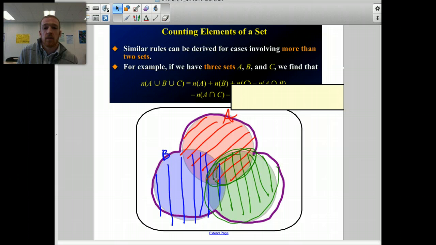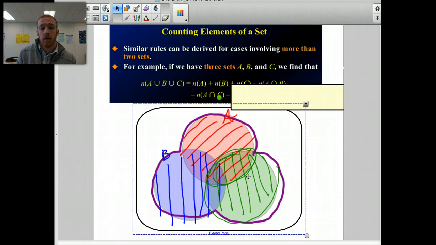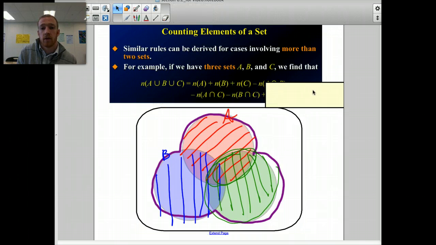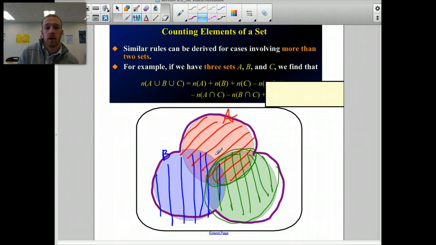And look at how many times did I shade the very intersection of all 3? Also, B and C I shaded twice, so I have to subtract that, because I can't count things twice if I'm trying to just find the number. And we also shaded this central part here red, green, and blue.